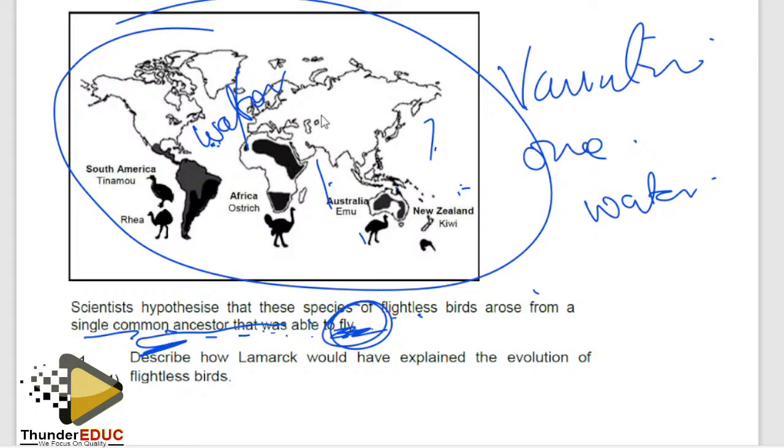There was no gene flow among these birds. Therefore, they became genotypically and phenotypically different. If you remove this barrier of water and make them mix, they are not able to interbreed to produce fertile offspring. Therefore, the rhea, the ostrich, the emu, and the kiwi became new species. Do you see now how you explain?